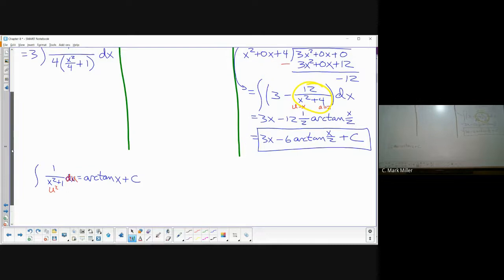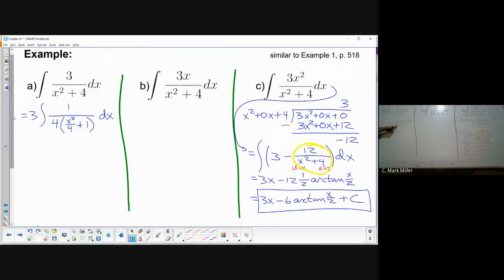So back up here, there is something besides x squared. This is actually what? I can bring that 4 out. Then I have the integral of 1 over x over 2 squared plus 1 dx.